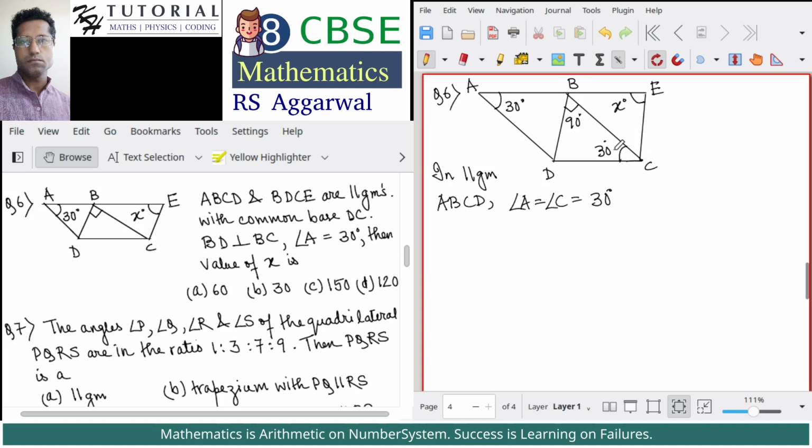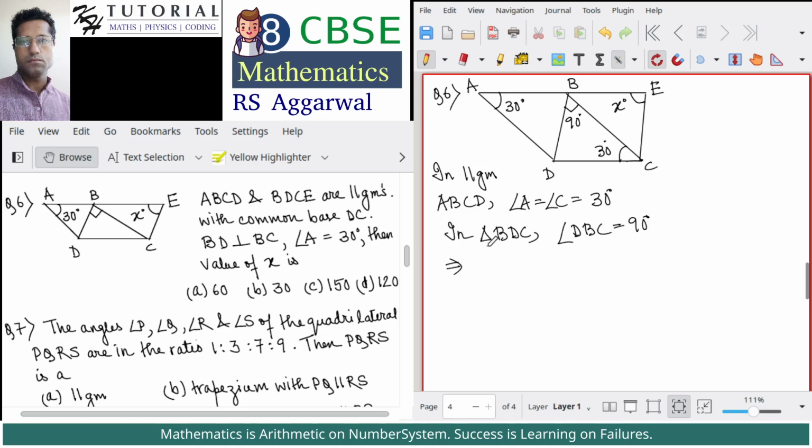Now in triangle BDC, angle DBC is given to be 90 degrees.